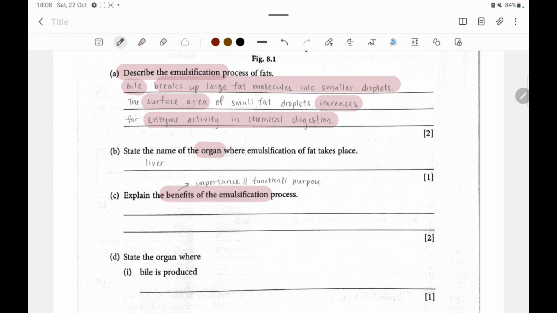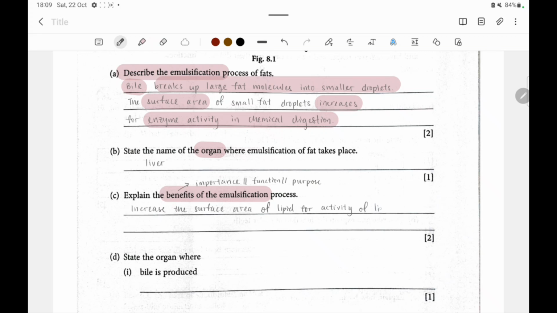So this one, it is actually to increase the surface area for enzyme activity. So this one increases the surface area of lipid for activity of, okay, what is the enzyme for lipid?